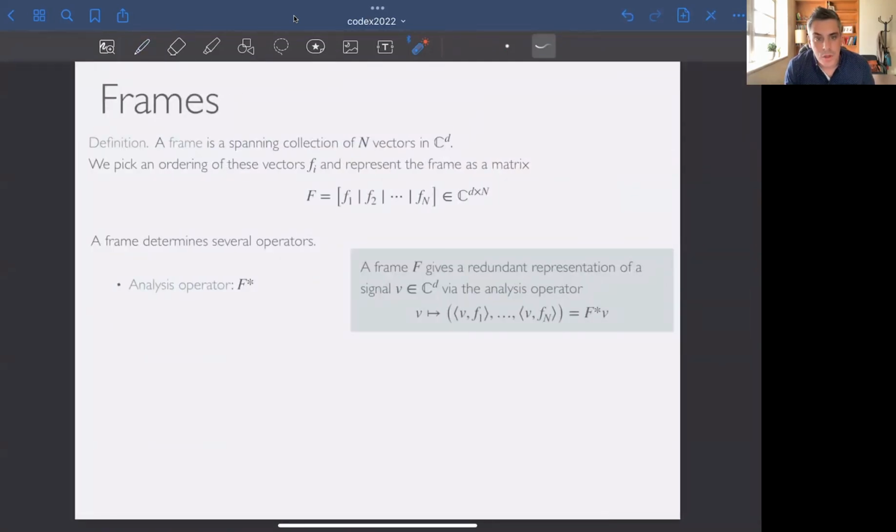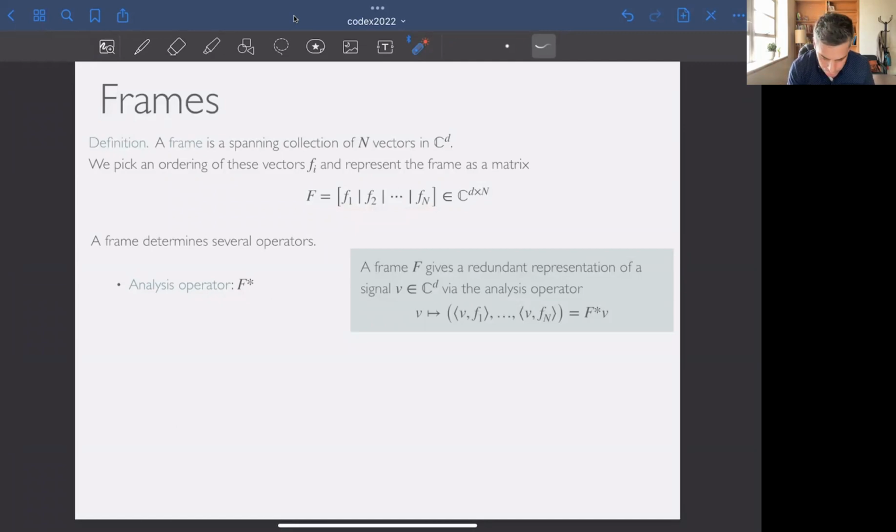That's a little boring, and typically what people care about are structured frames. To describe that, I'll introduce a few operators associated to a frame and give a little bit of context about why you care about frames. Given such a matrix, we have an analysis operator, which is just the conjugate transpose of the frame matrix.